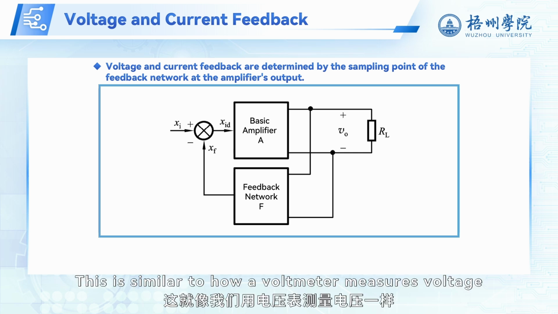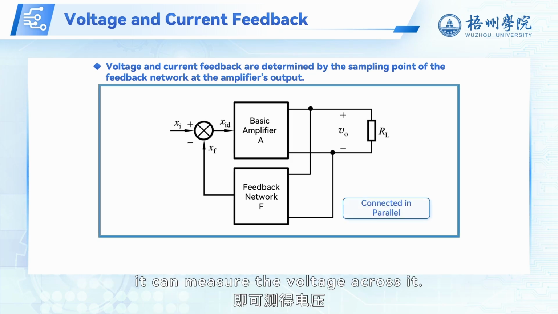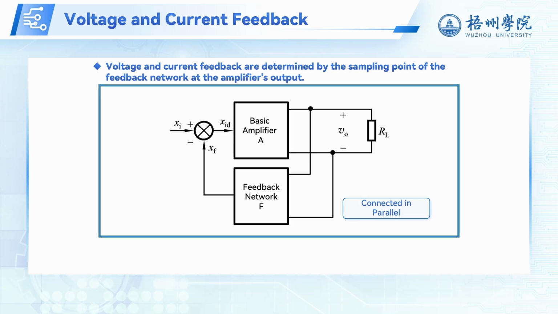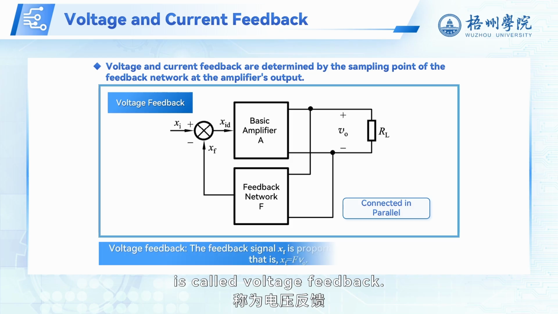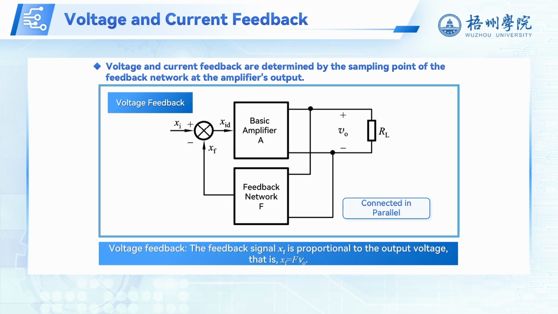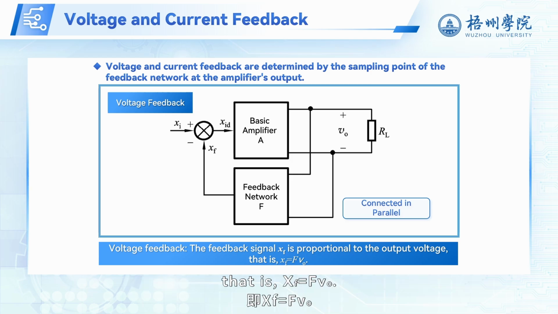This is similar to how a voltmeter measures voltage. By connecting in parallel with the component, it can measure the voltage across it. This sampling method at the output is called voltage feedback. In this case, the feedback signal XF is proportional to the output voltage, that is, XF equals F times VO.